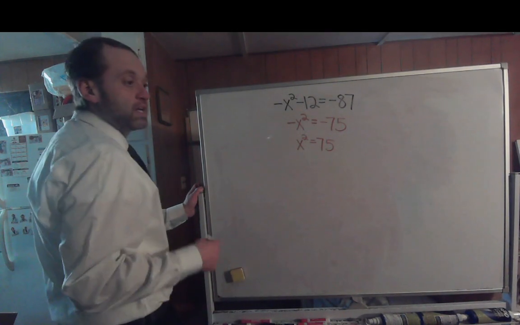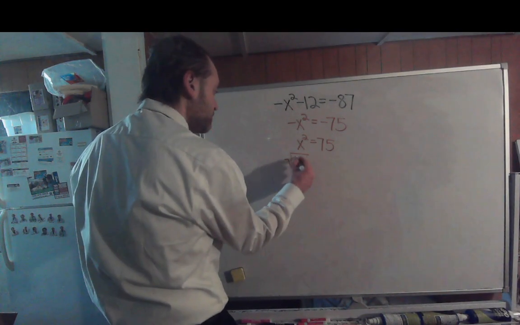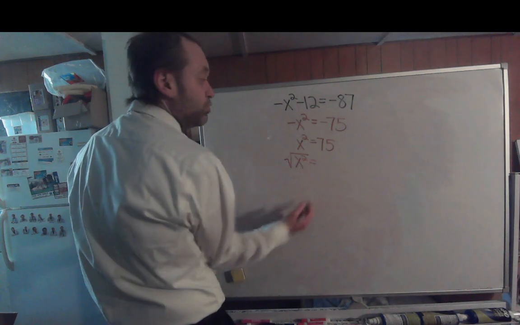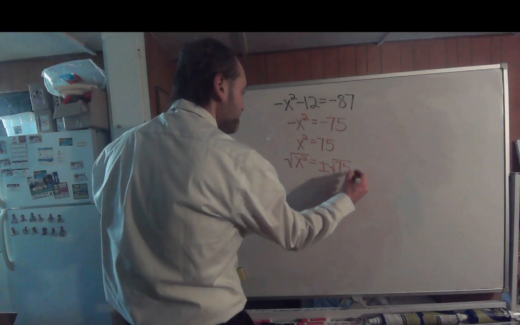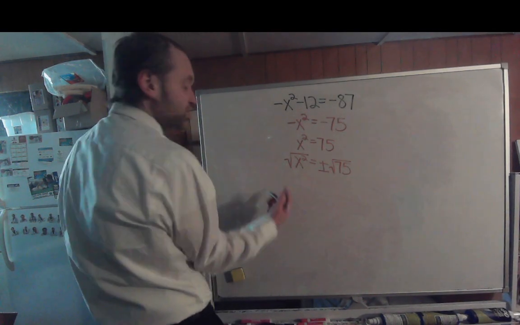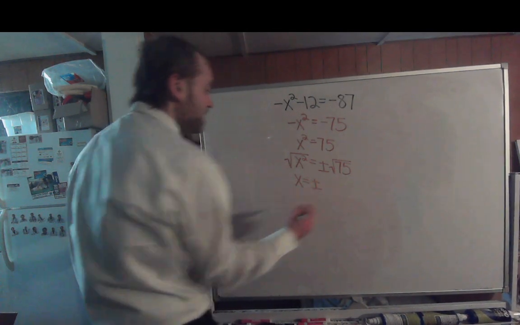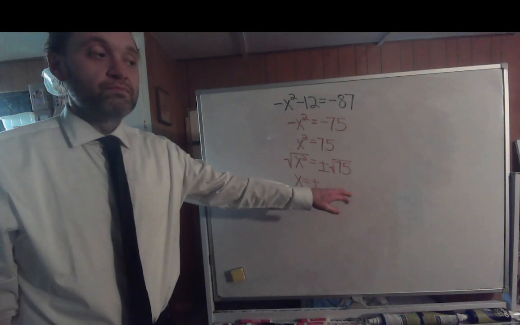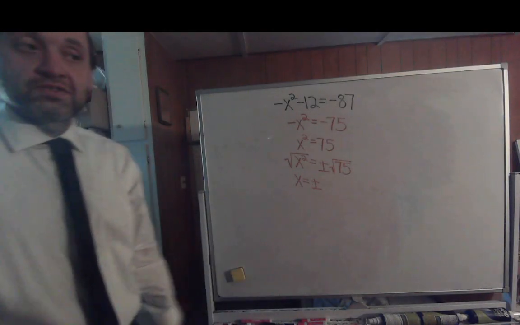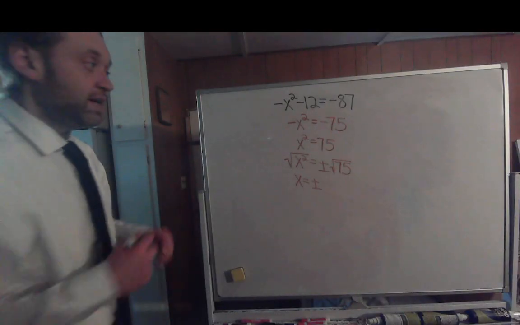And then now we can go from here, take the square root of both sides. So take the square root of x squared. That's going to equal both plus and minus the square root of 75. Well, square root of x squared is just x. That would equal plus and minus. Okay, 75 has factors of 25 and 3, right? 3 is not a perfect square, but 25 is.